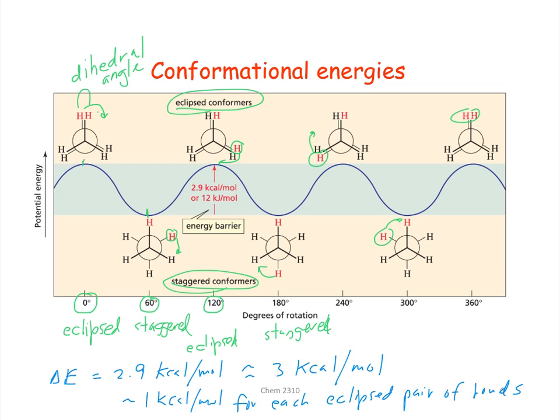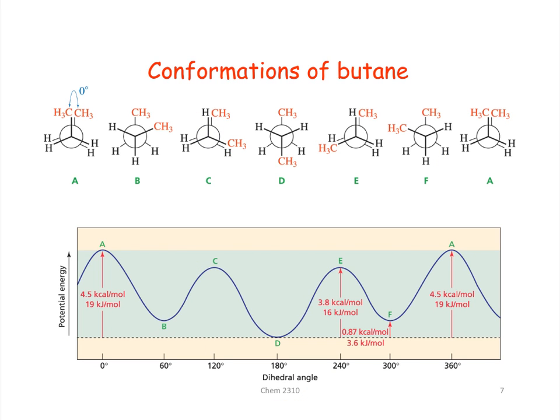So this is a pretty regular energy diagram though, right? All the staggered conformations are the same and all of the eclipsed are the same. So what happens if we add another group onto our structure, we make it slightly more complicated? All right, so in this drawing, what we have is we have the conformations of butane.